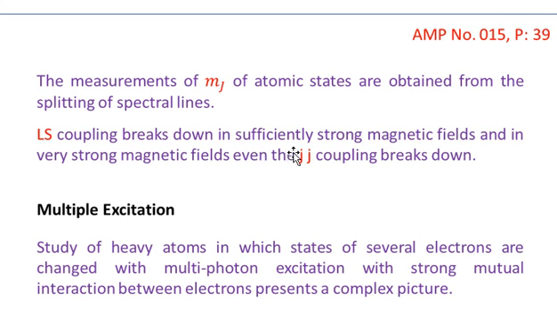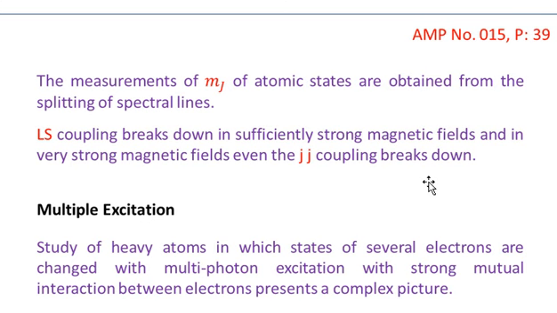LS coupling breaks down in sufficiently strong magnetic fields, and these could be the internal magnetic fields of the atoms also. And in very strong magnetic fields, even the jj coupling breaks down, because heavier atoms have internally strong magnetic fields, and due to that their coupling will be different.